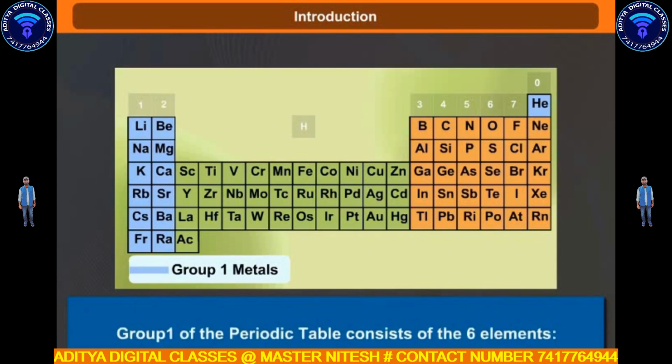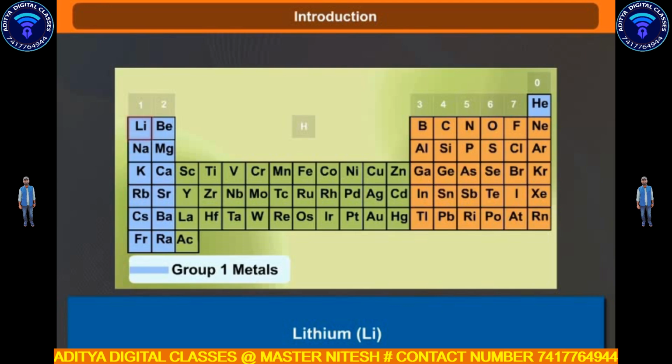Group 1 of the periodic table consists of 6 elements: lithium, Li, sodium, Na, potassium, K, rubidium, Rb, cesium, Cs, and francium, Fr.